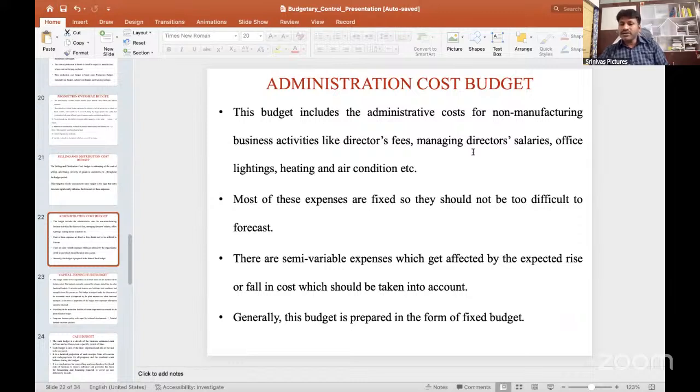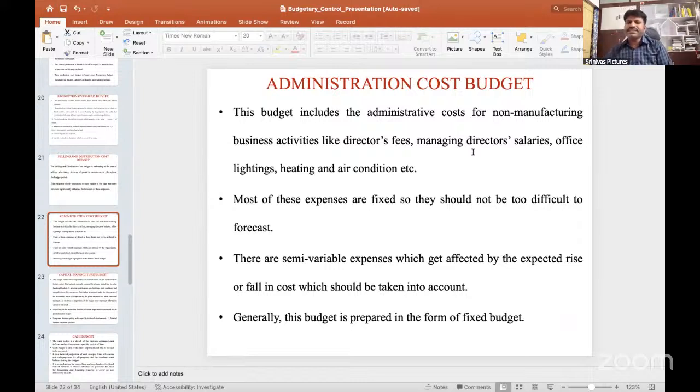To run the manufacturing smoothly, these expenses are incurred. So they support manufacturing. Supervisor salaries, director fees, and managing directors' salaries, as well as lighting and heating, are all considered.